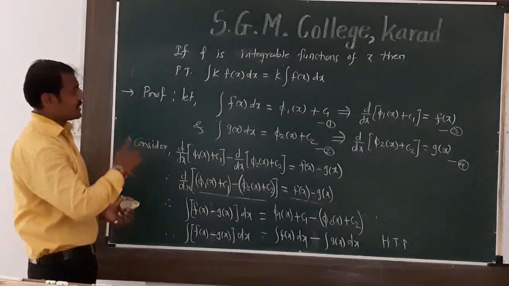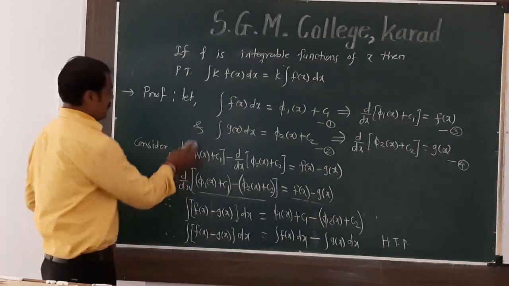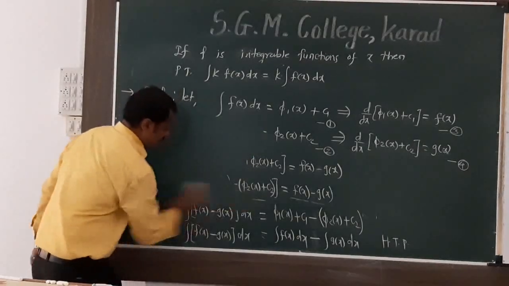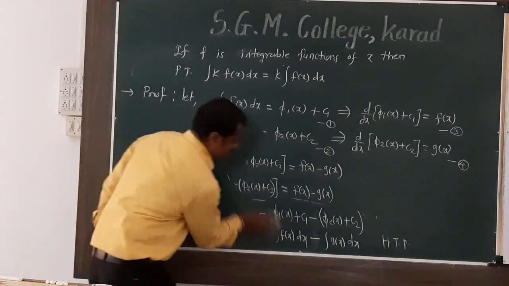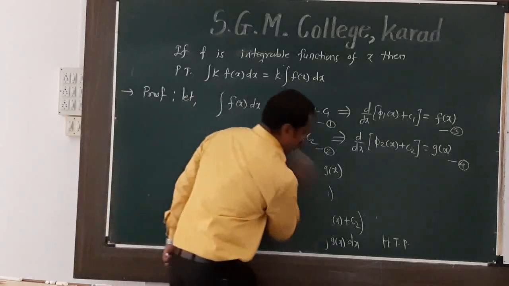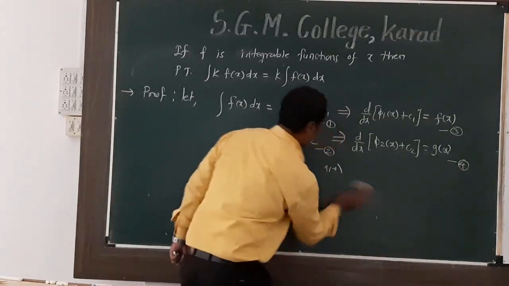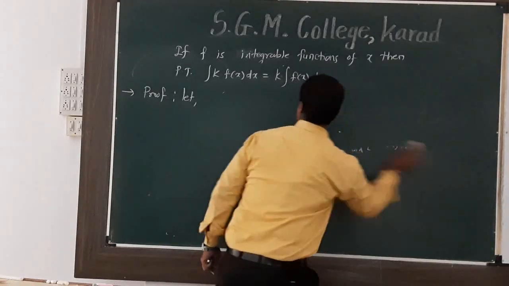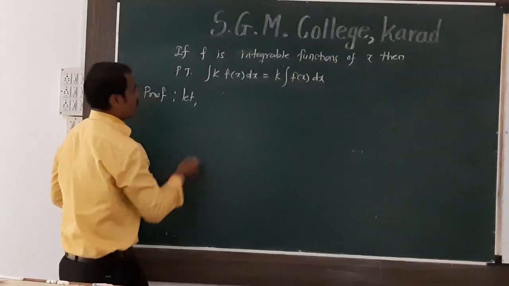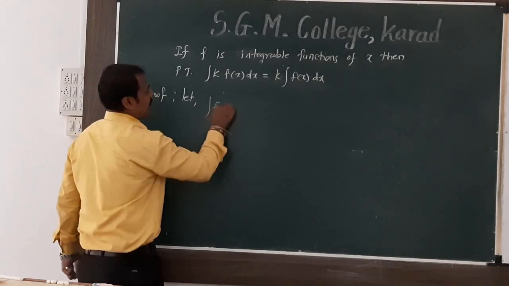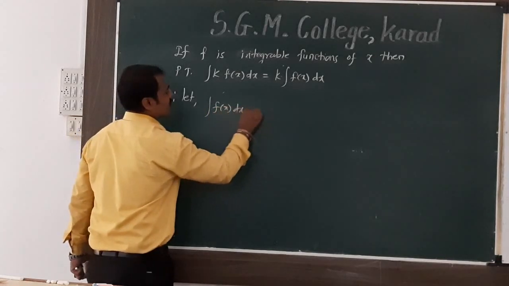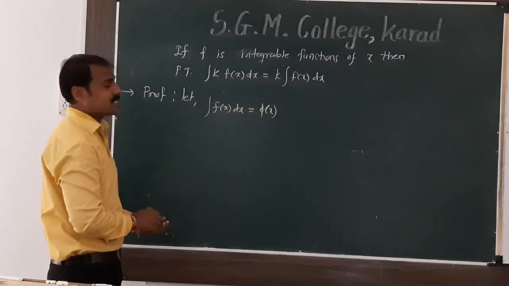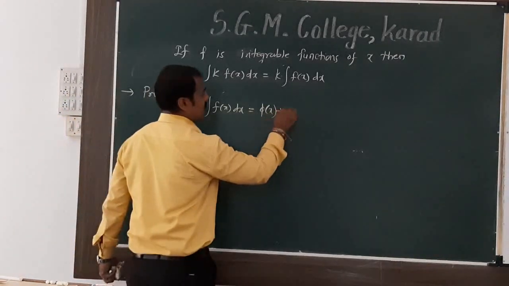To prove this result, we use rules of derivative. Okay, for that we consider the term integration of f of x dx as phi of x. Consider integration of f of x dx is phi of x plus c1.